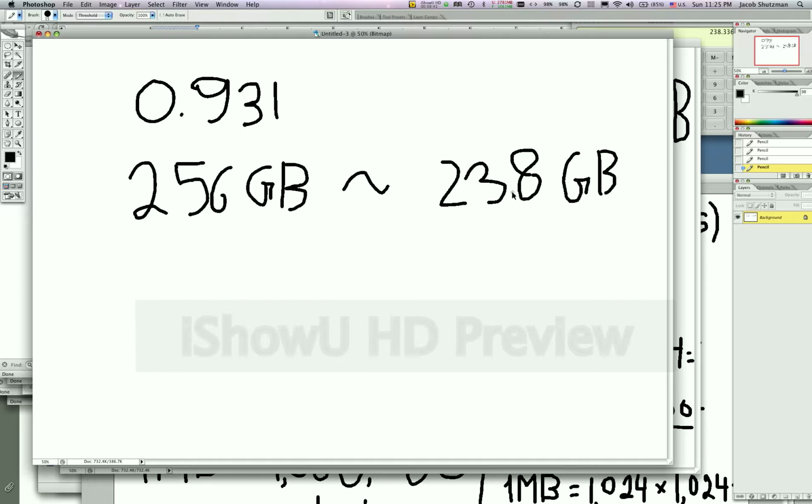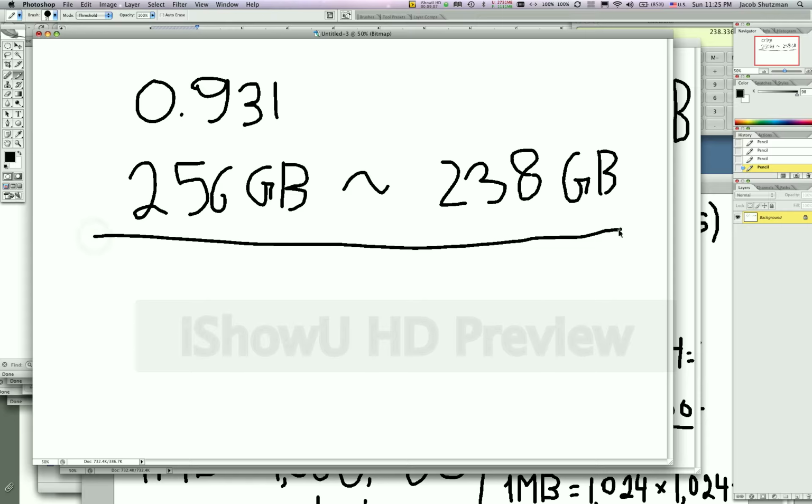The operating system says 238 gigabytes, and the reason is, as I mentioned before, that the computer operating system counts in binary, and binary is multiplications of 2, as we know. So 1000 is 1024, and when we multiply it several times, the ratio gives us less than what it says.